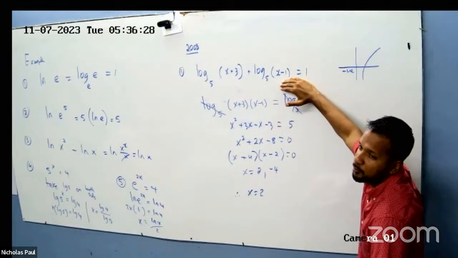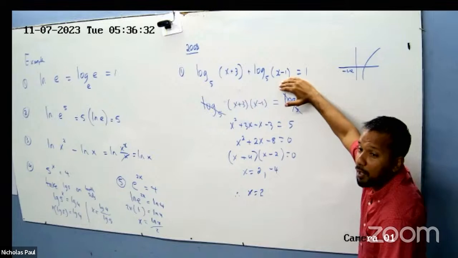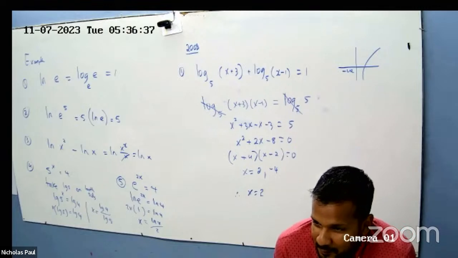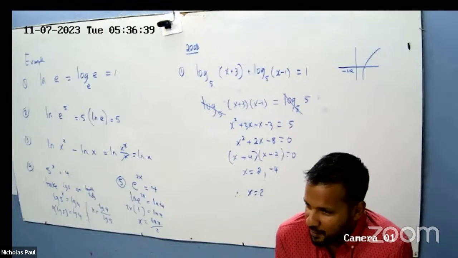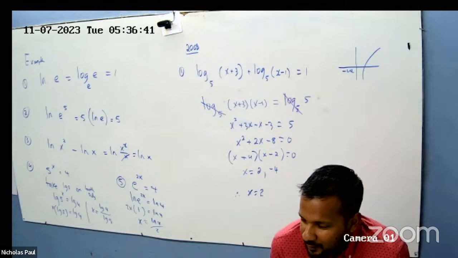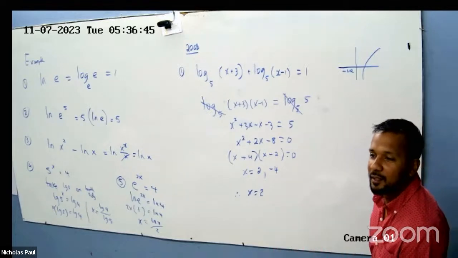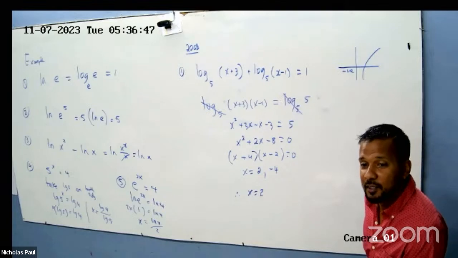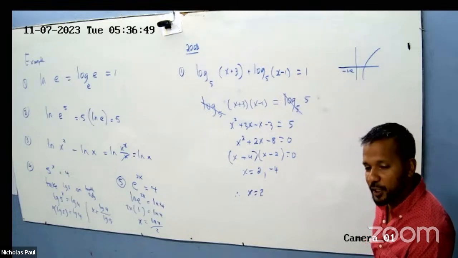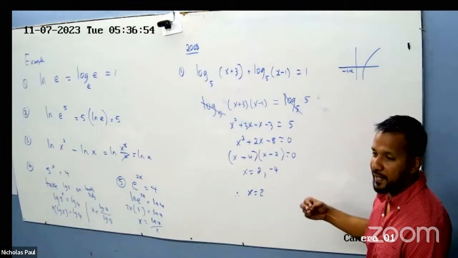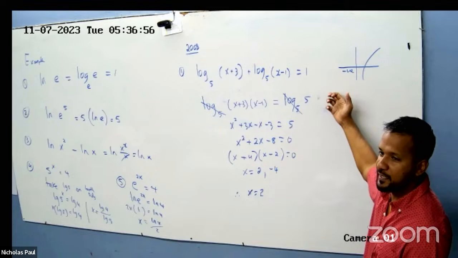So what could I do? Change the base. You can change the base. All right. So if you don't get the same base, all you have to do is change the base and apply the rules.